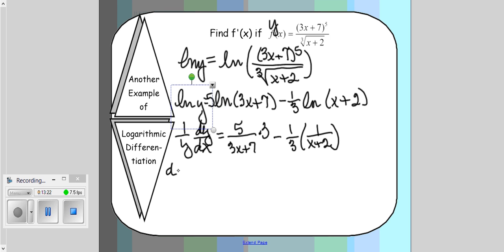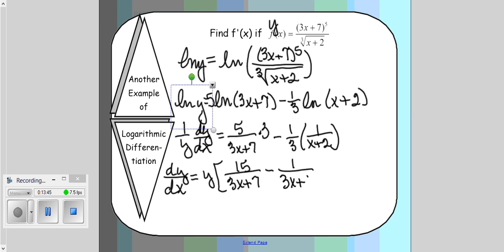So simplifying just a little bit more, I have dy dx is going to equal y times 5 times 3 is going to give me a 15 over 3x + 7 minus 1 over, and you can distribute or you can leave it, 3x + 6. Okay, now remember I can't leave that y right there, so I'm going to plug back in. I'm going to go back up to the top and plug that in.